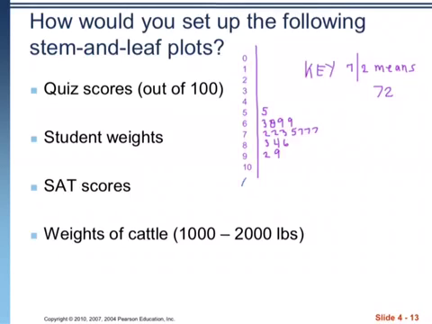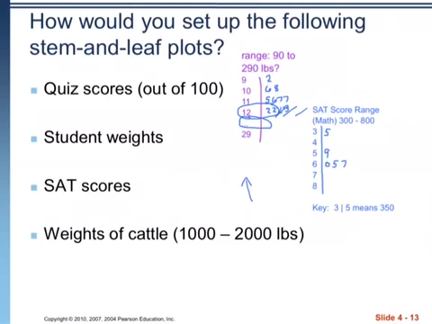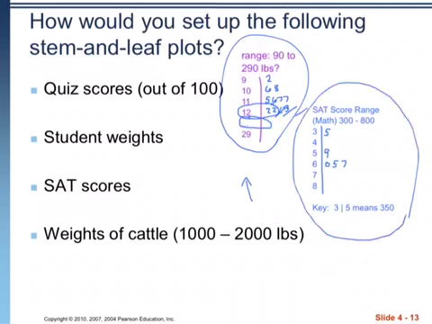So here is the tens place, and this is the 1s. So if you got a 55, that's right here. If you got a 63, that's right here. A 68, a 69, a 69. And I've included a key. Here's one way to do stem and leaf plots for student weights here in purple and possible SAT scores here in blue. First of all, I figured out the range for weights could be between 90 to 290 pounds.